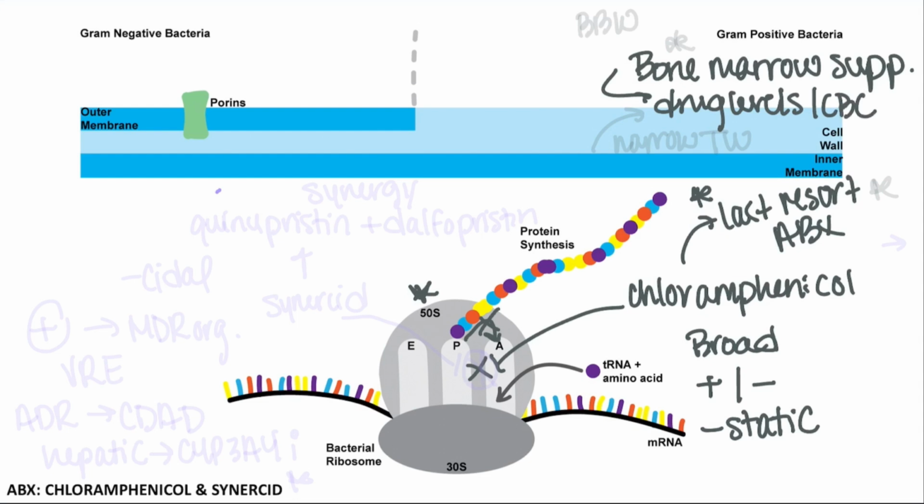And this is listed as a black box warning for chloramphenicol. And this agent is also, as you can probably guess, a narrow therapeutic window agent. So this agent also comes with a number of other concerns as well, but this bone marrow suppression is the big one.